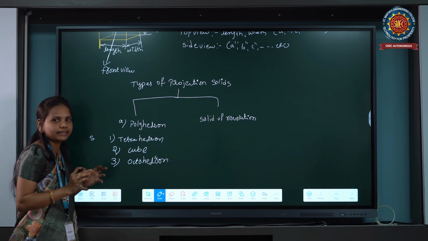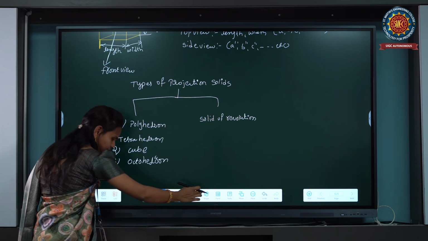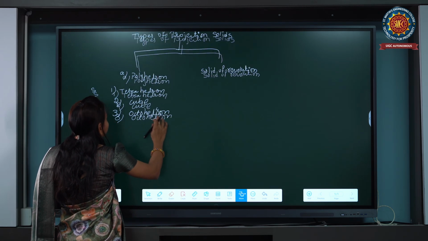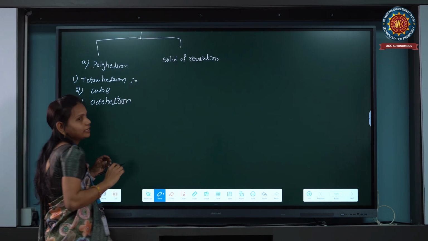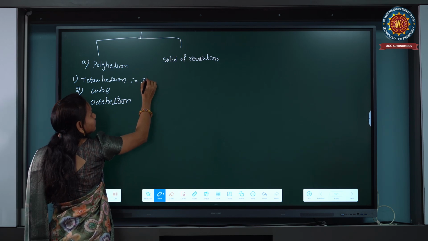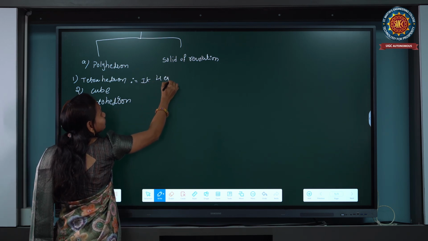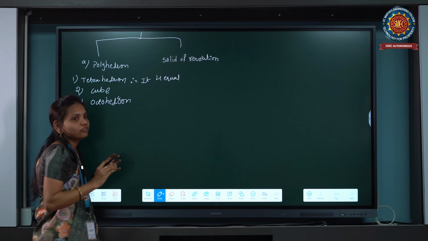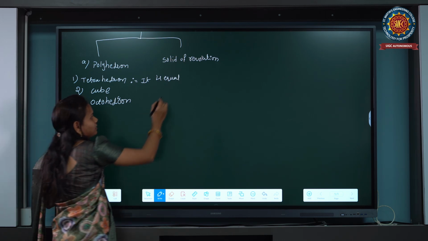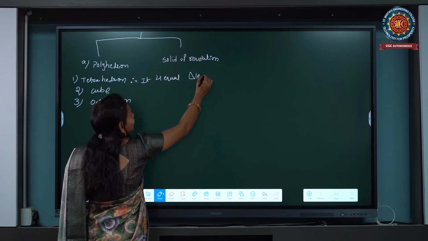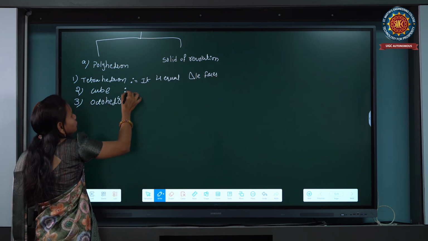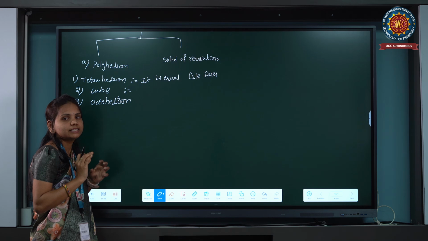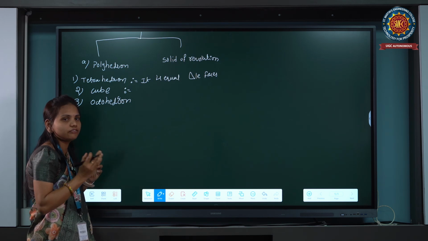What is a tetrahedron? It has four equilateral triangle faces. What is a cube? A cube has six equal square faces.